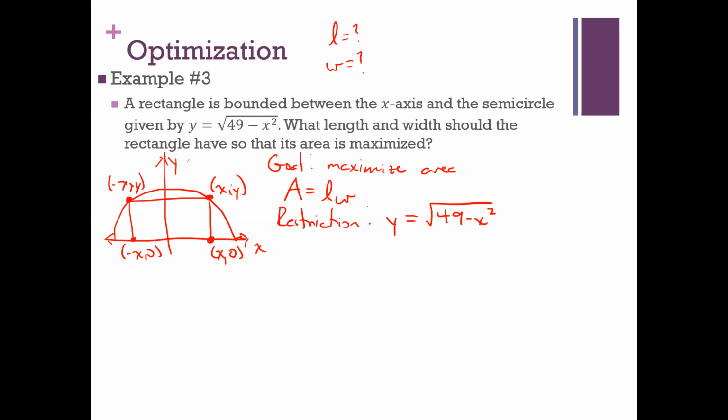But the reason that I wanted to go through that exercise is, now can we say something about the length and width of this thing in terms of x and y? What's the length of that rectangle? The length is 2x. You okay with that? The difference between x and negative x.